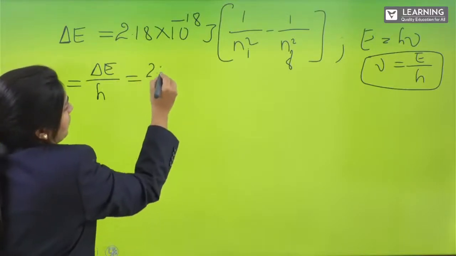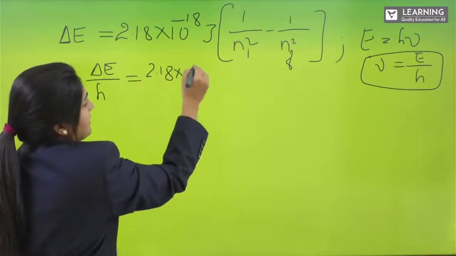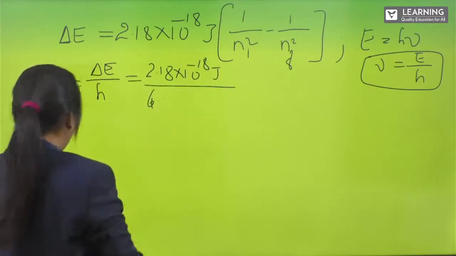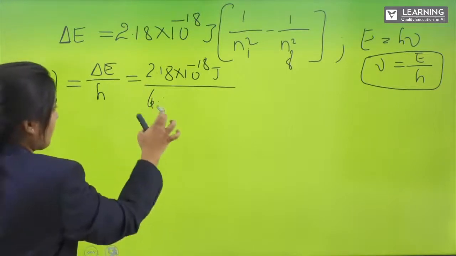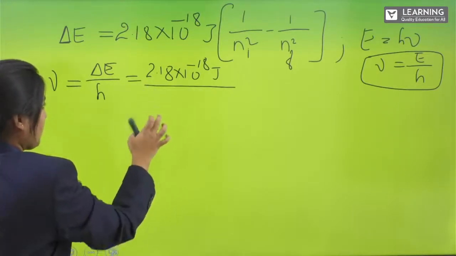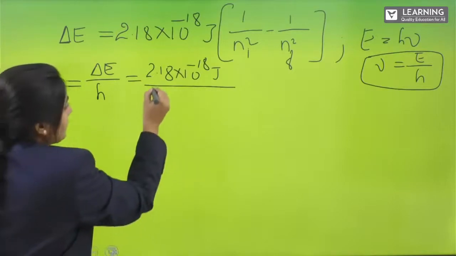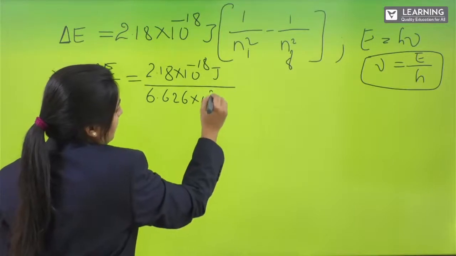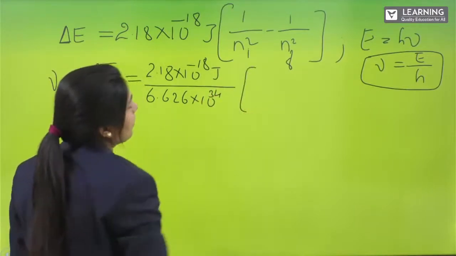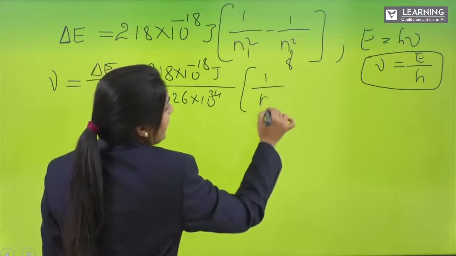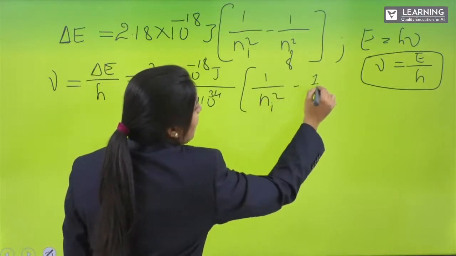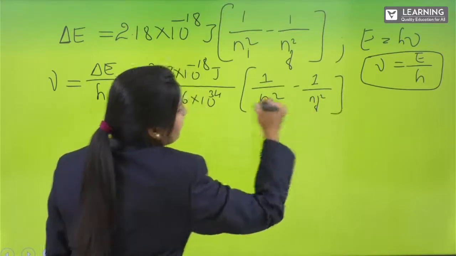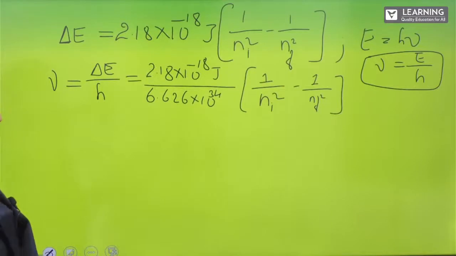So 2.18 into 10 raised to minus 18 joules divided by 6.626 into 10 raised to minus 34 into 1 by Ni square minus 1 by Nf square. Are you getting this point? Do you have any doubt? Fine.